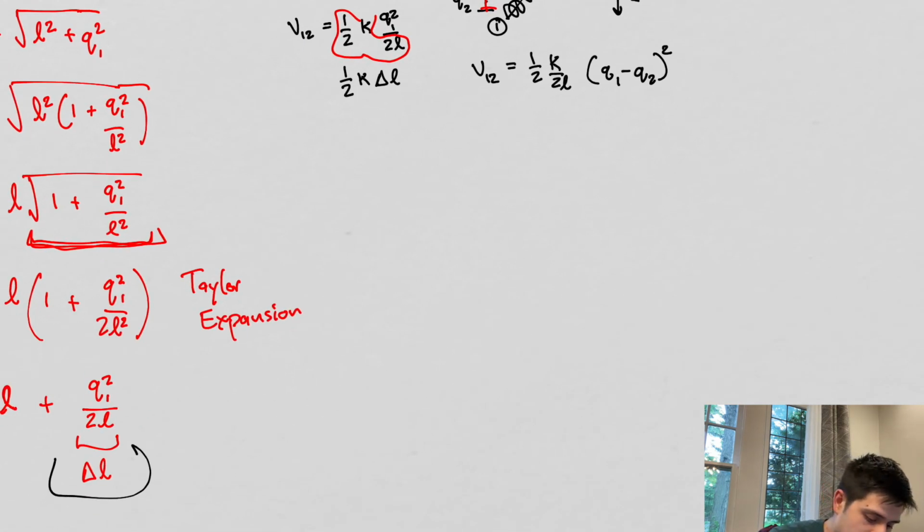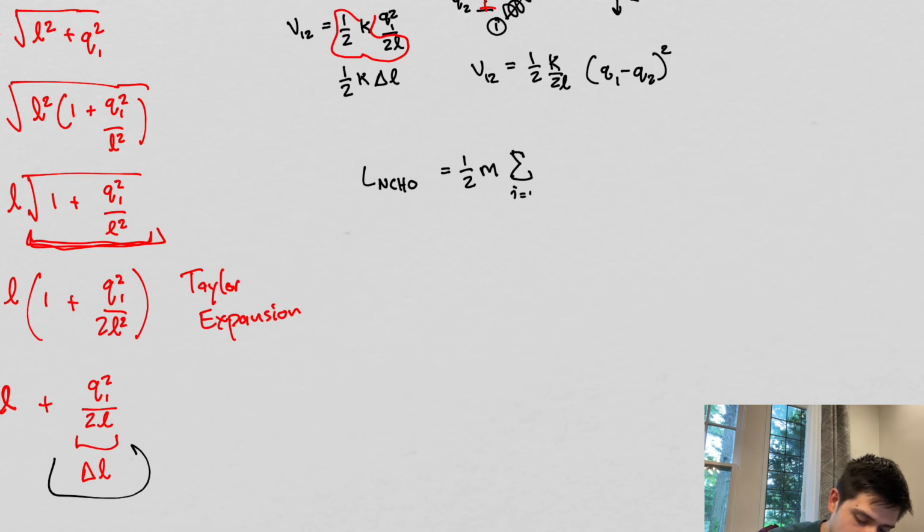Well, our Lagrangian, what the book calls our non-coupled harmonic oscillator Lagrangian for this system, is equal to 1/2 m, a sum over i equals 1 to n, Q dot squared.